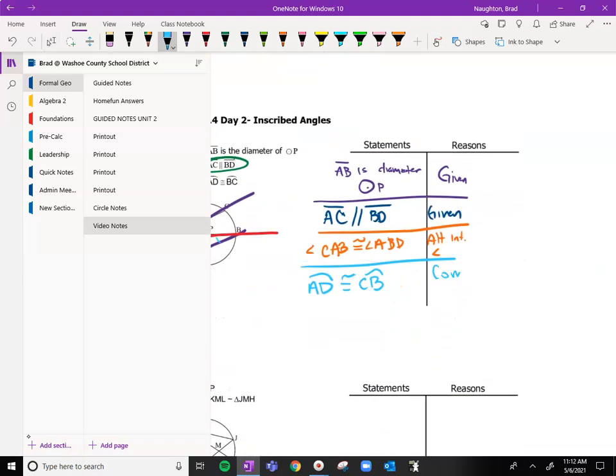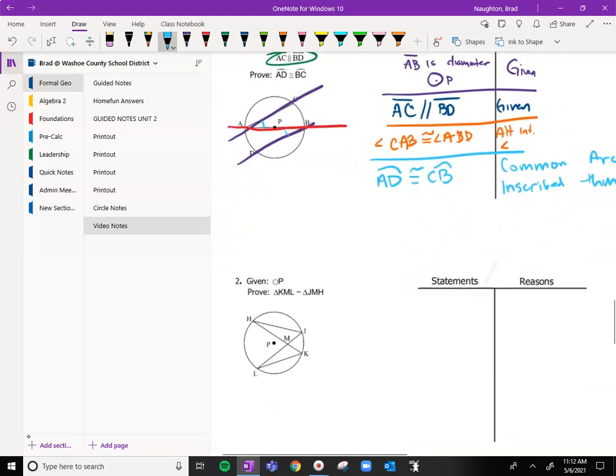Remember, you can also just write these out too. You don't have to use the actual names.